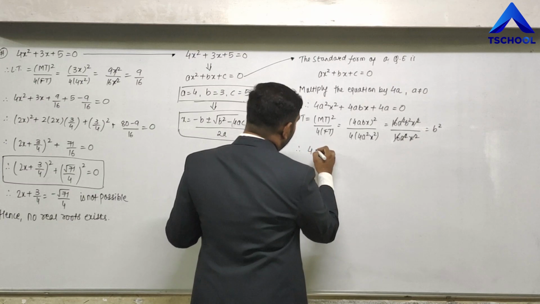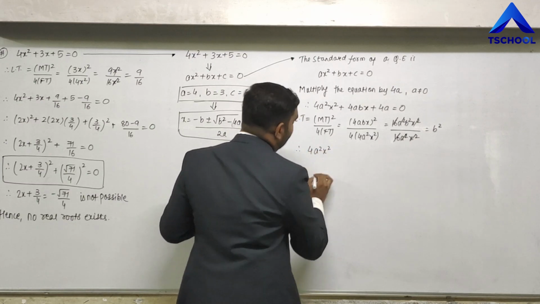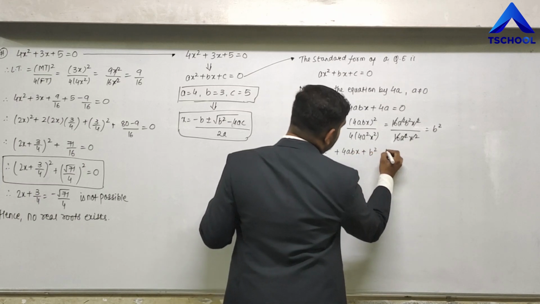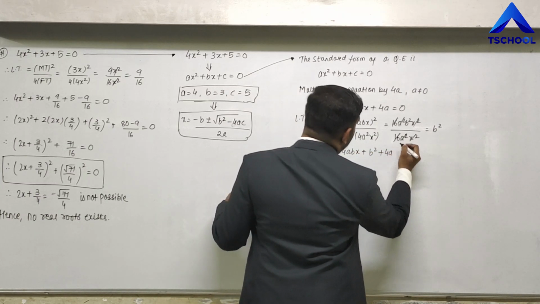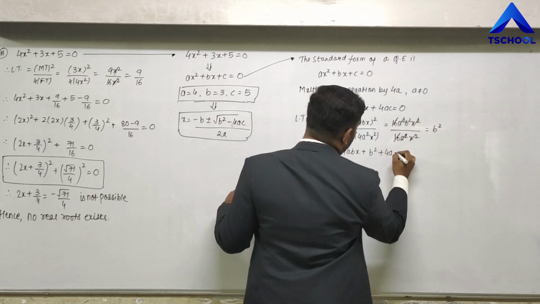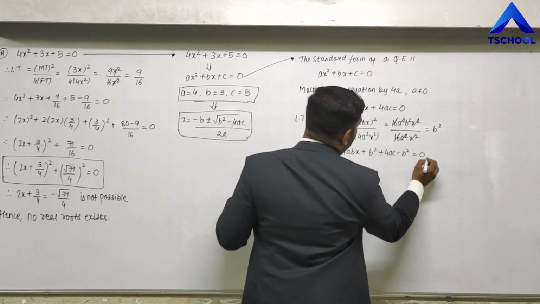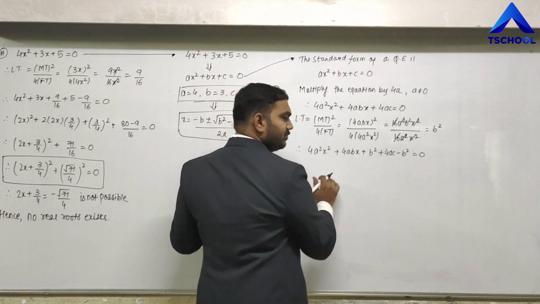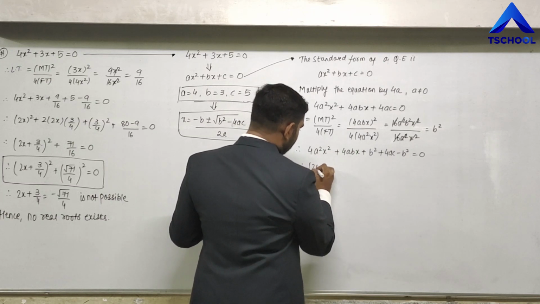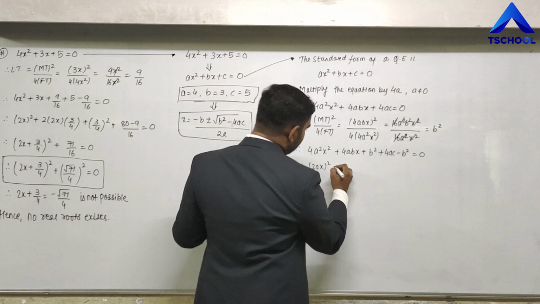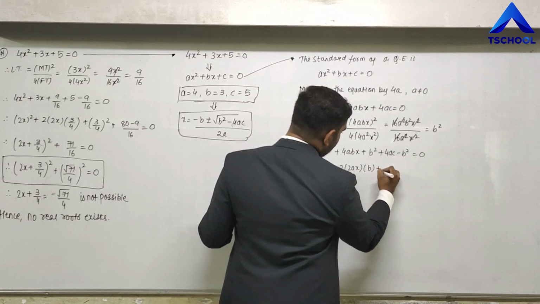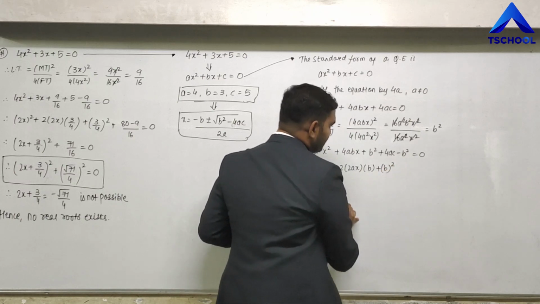Therefore 4a square x square plus 4abx plus b square plus 4ac minus b square is equal to 0. This will give me what? That is (2ax) whole square plus 2 into 2ax into b plus b square.